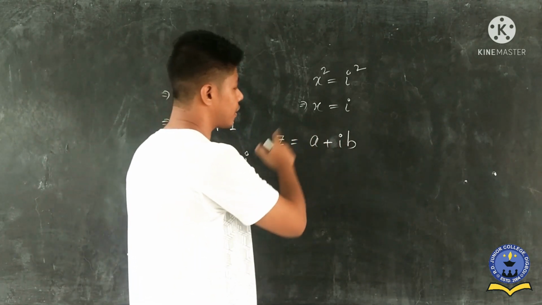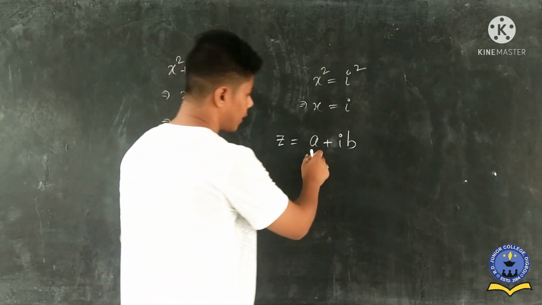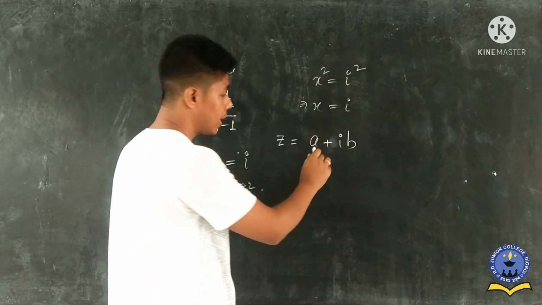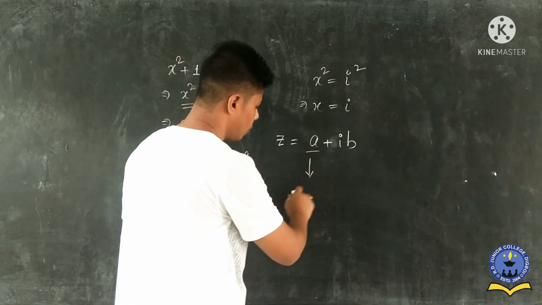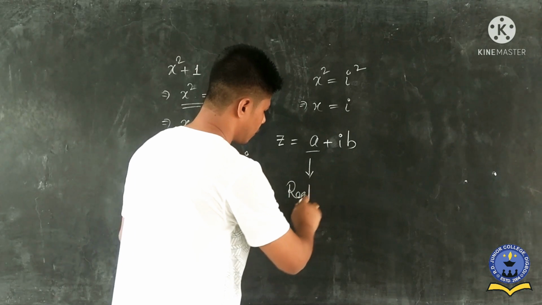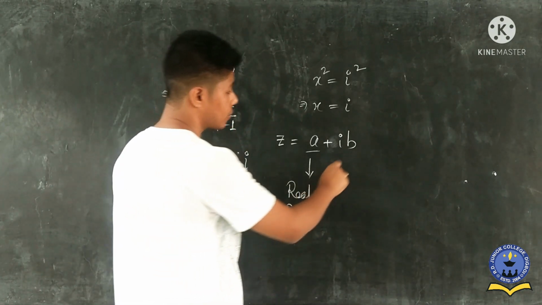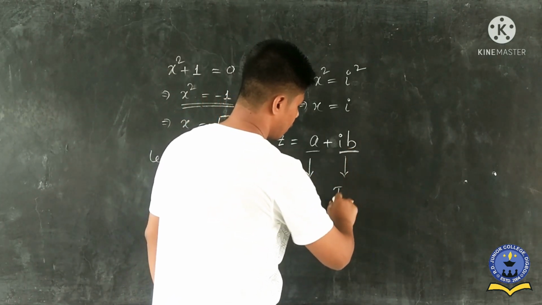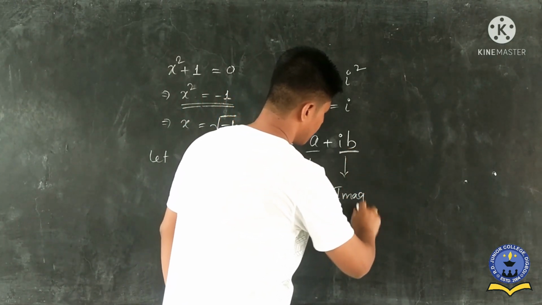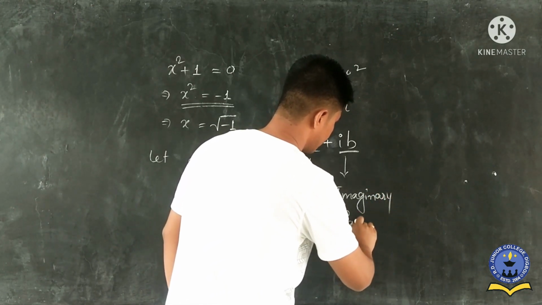So this is the general form of a complex number, and a and b are real numbers. This a is totally real, so it is known as the real part, and this ib is known as the imaginary part. Is it clear?